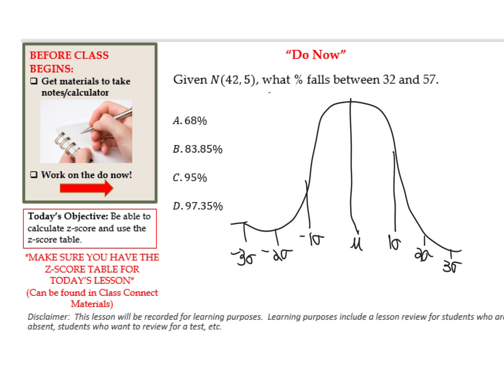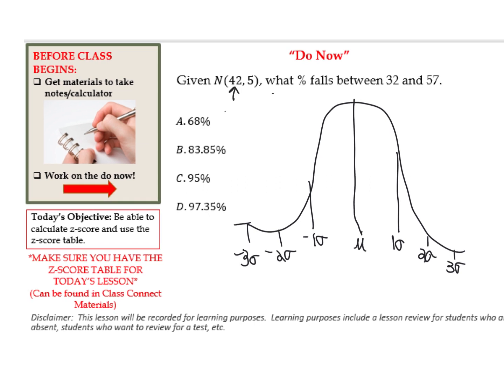So when I am told that I have a normal distribution in parentheses 42 and 5, I know that this first number represents the mean of my data and the second number represents the standard deviation. So I can label my normal distribution curve at this time.